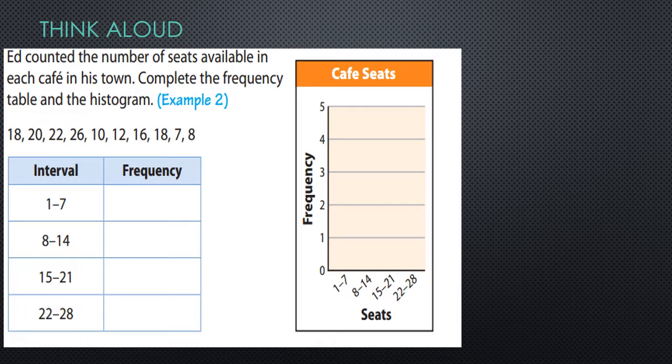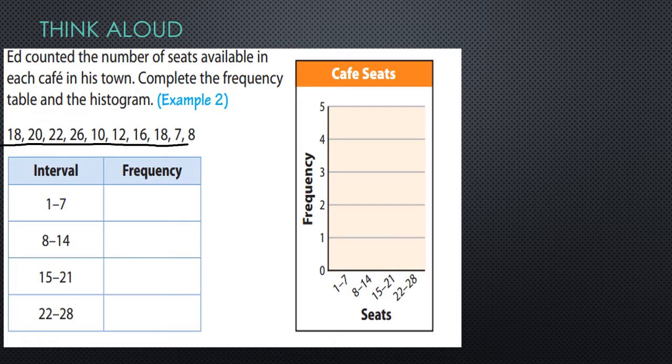The first thing we need to do before we actually graph on the histogram is to fill out the frequency table. If you look here, we have intervals of 1 to 7, 8 to 14, 15 to 21, 22 to 28. We have to look at our information at the top to see the frequency, how many times it happened.